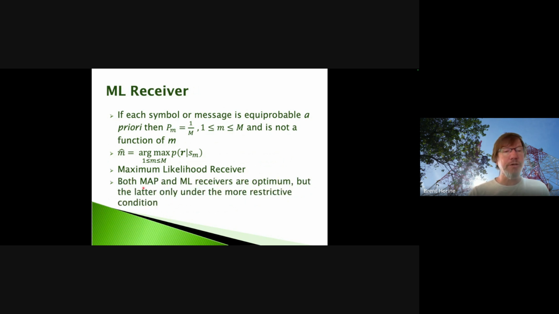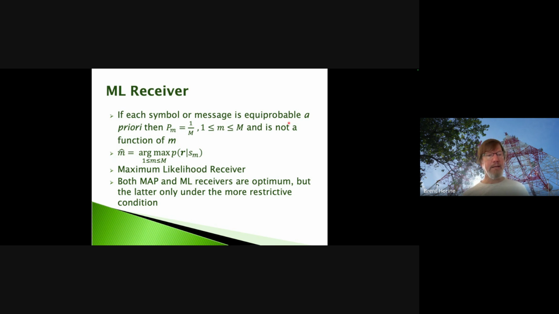So as it turns out, the way we've derived this, both MAP and ML, or maximum likelihood receivers, are optimum, right? What we've done here is optimize this choice of the estimated M based upon maximizing this relationship. But this latter, the maximum likelihood receiver, is only optimum under the more restrictive condition that the signals are equiprobable.